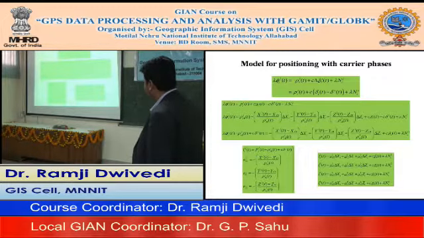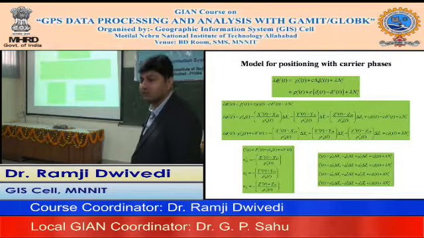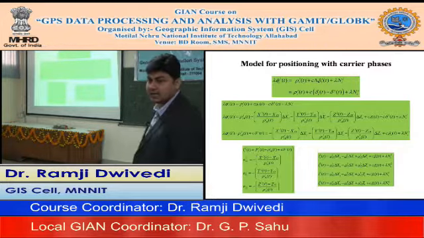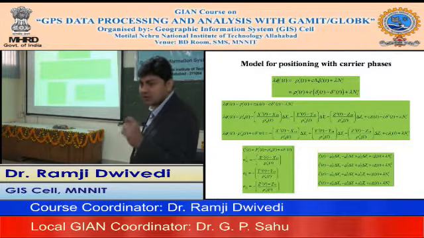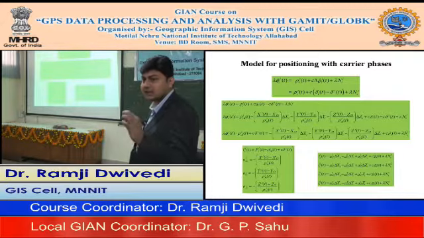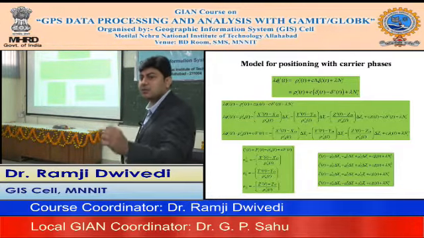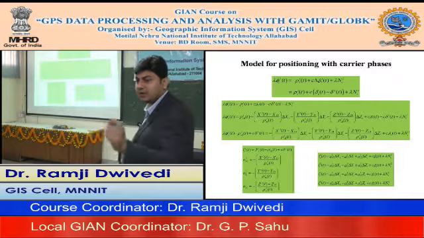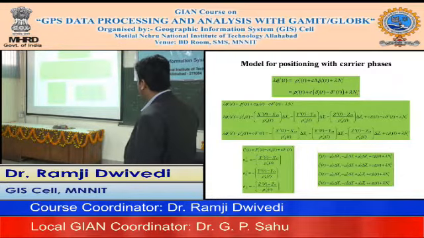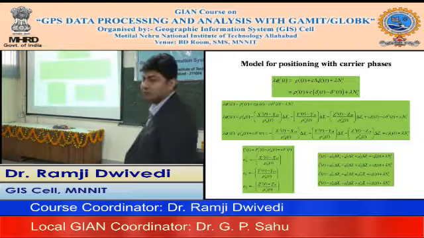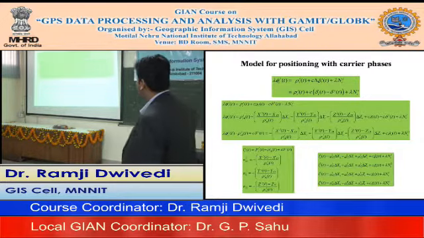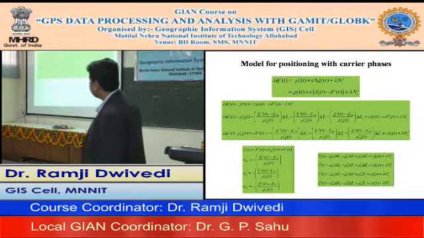You could see, since you are locked to not only one satellite but more than one satellite, you have the ambiguity with respect to those satellites instead. You are receiving the signals from a number of satellites, and the ambiguity term is related to the satellite, so it also varies for every satellite. So you have N1, N2, N3, and N4 with respect to that receiver. We will see how the equations are written.